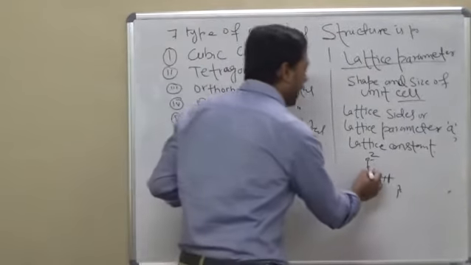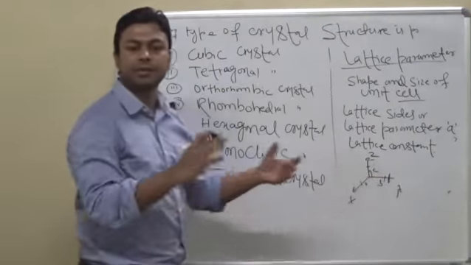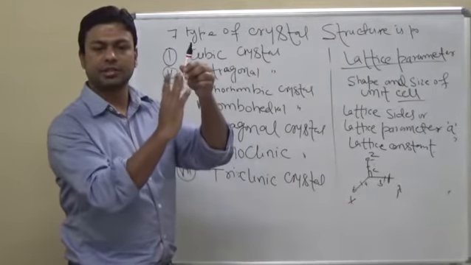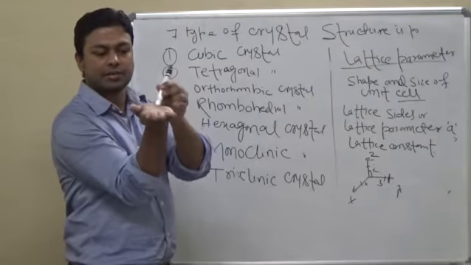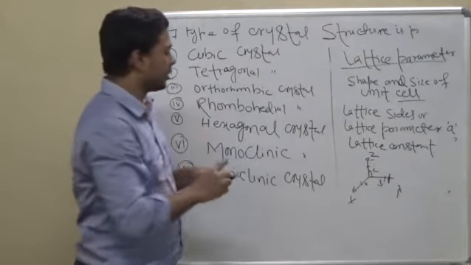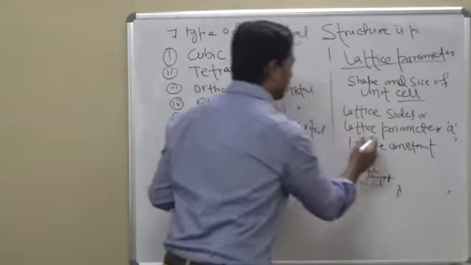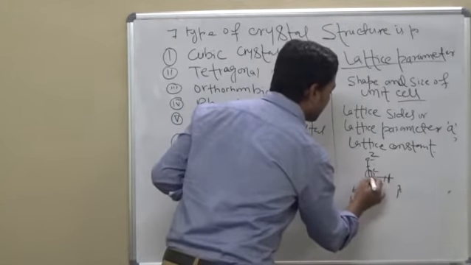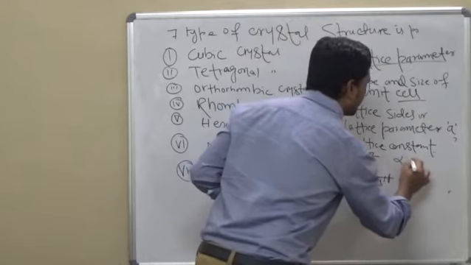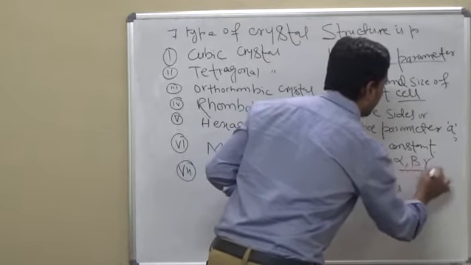And the relation between the angles. What are all the angles between these edges? If this is one edge, one side, what are the angles with this, with this, with this? So these are three angles. If you assume this x value is 1, this is 1, this is 1. So another thing is angle: alpha, beta, gamma.